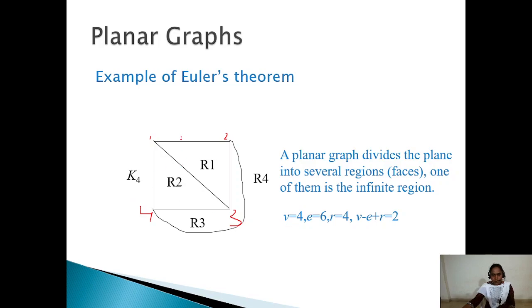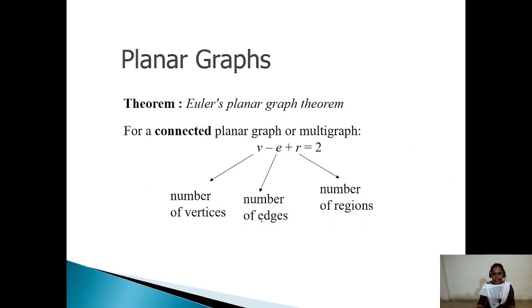Edges, how many? 1, 2, 3, 4, 5 and 6. So E equals 6. How many regions will there be? R1 is one region, R2 is one region, R3 is one region. Next, the outer region is R4. So the number of regions is 4. So this theorem, the first theorem, the condition is what?